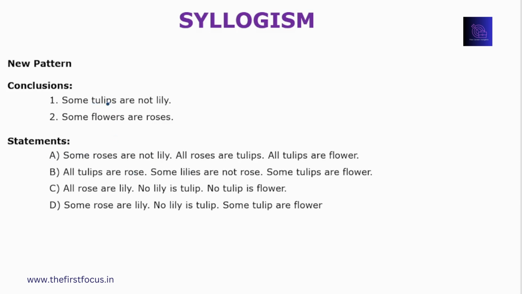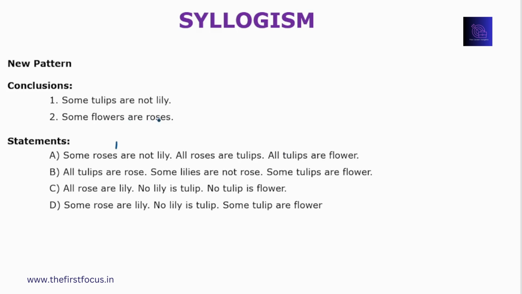What is given? Some tulips are not lily. You have to see the relation between lily and tulip in the statement. Yes, all roses are tulips. There is a connection made by roses. Some roses are not lily. All roses are tulips. Then it means that some tulips are not lily. According to the first statement, conclusion 1 is true.